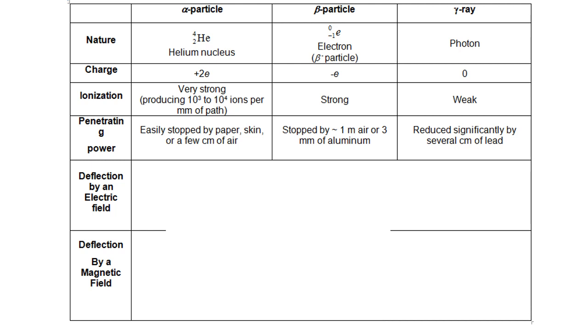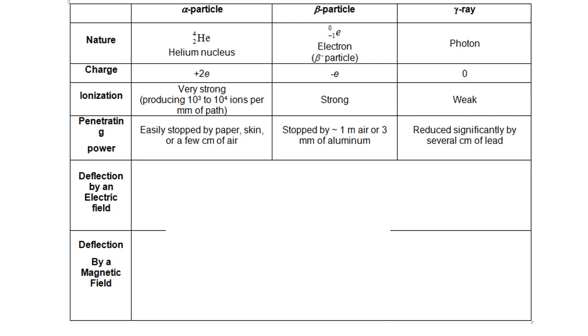In terms of penetrating power, an alpha particle is easily stopped by even just a sheet of paper or by your own skin. So in that sense, alpha radiation is not particularly harmful unless you stand with your mouth open over an alpha source. Beta particles have a considerably stronger penetrating power.